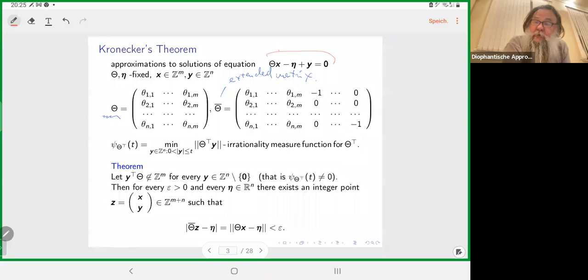We need the homogeneous irrationality measure function in the dual setting, for the transposed matrix. So theta transpose is the transposed matrix.